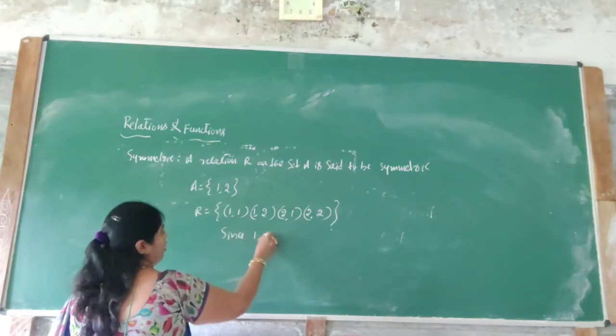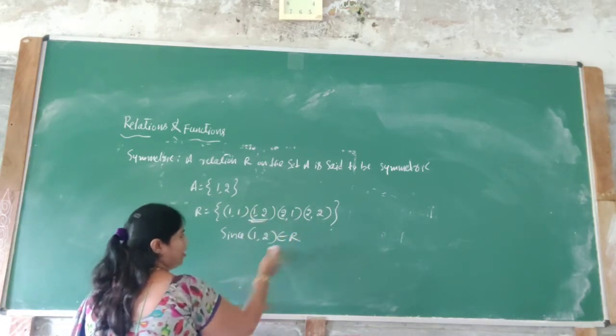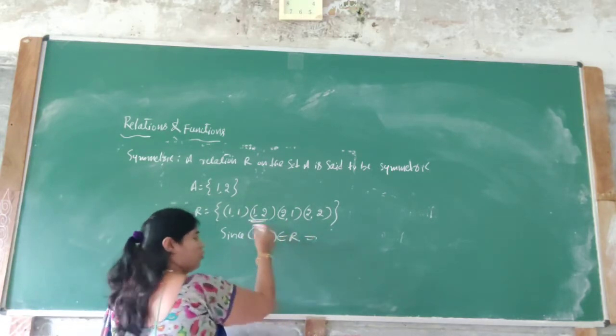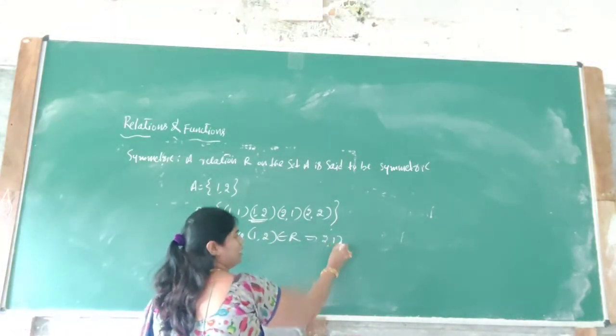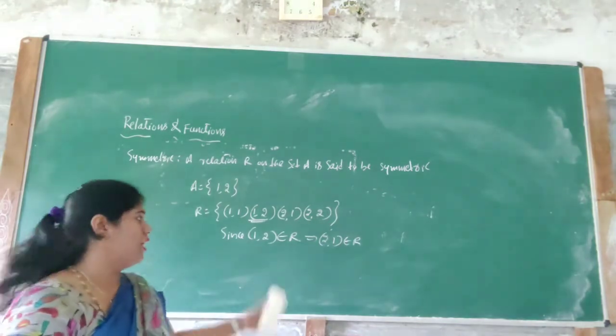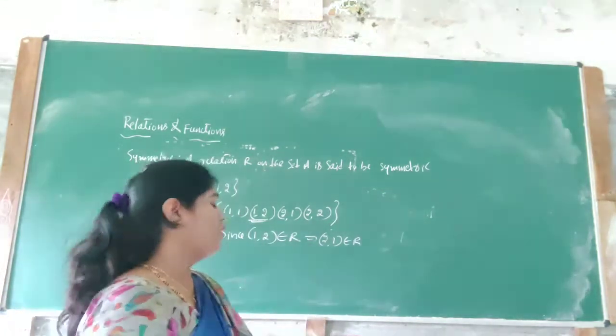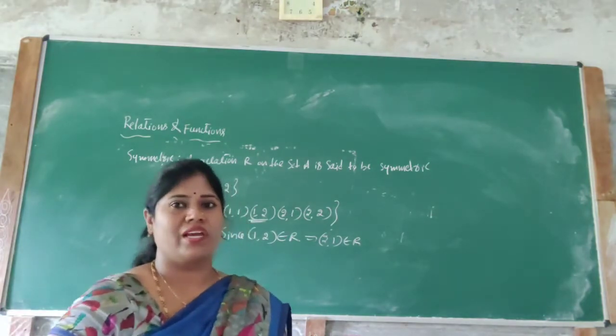If (1, 2) belongs to the set R, then (2, 1) should also be there in the set R. Then only it is called a symmetric relation.